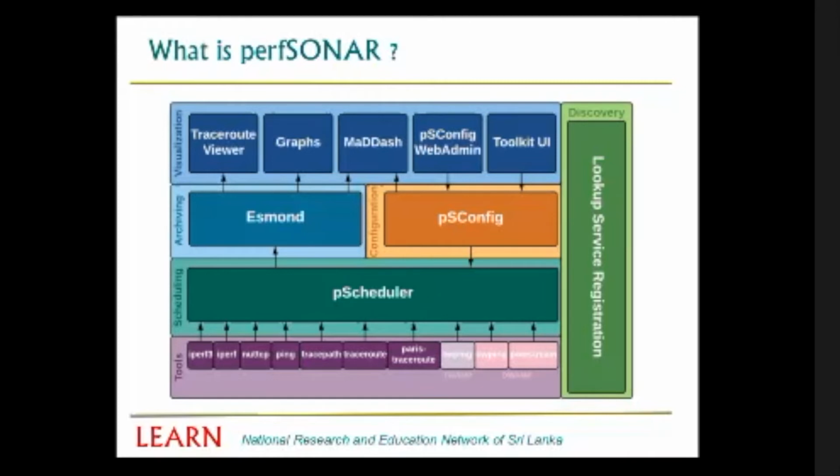There's also another discovery component, that is lookup service registration. There's a website directory for locating and searching these worldwide perfSONAR nodes. The task of this lookup service registration component is to register with this directory.